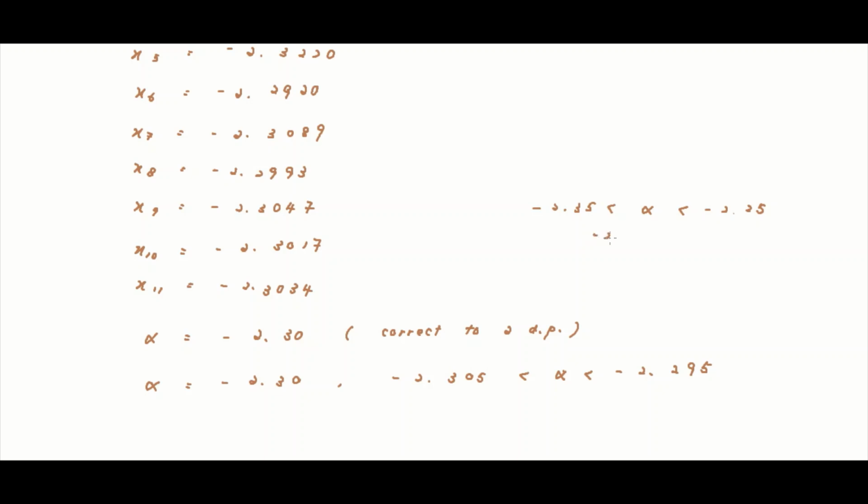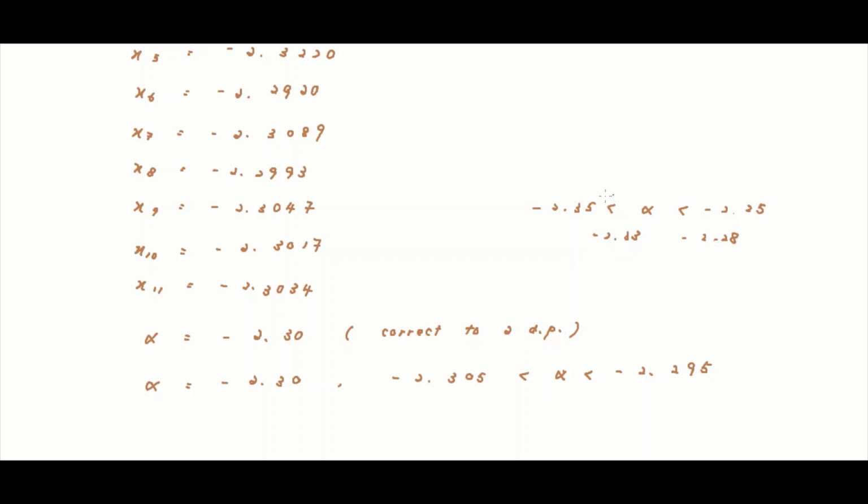You have negative 2.33 maybe, and maybe negative 2.28. For these two examples, when you round off to 2 dp, are you sure it gives you this? No. In 2 dp, negative 2.33 and negative 2.28 are exactly their own answers already, right?